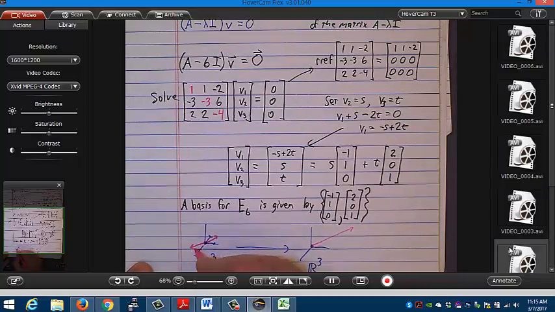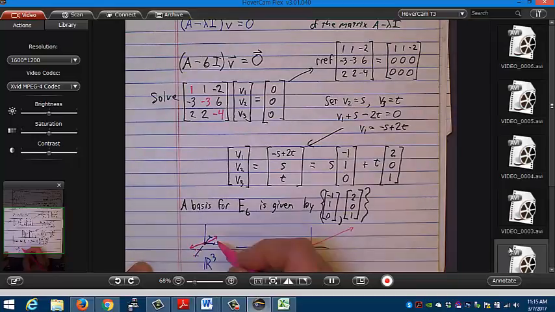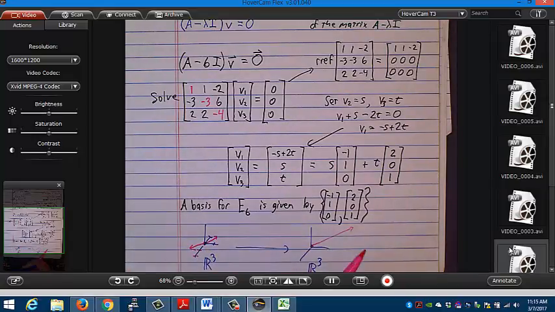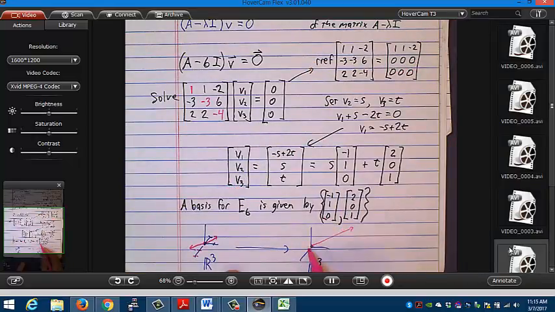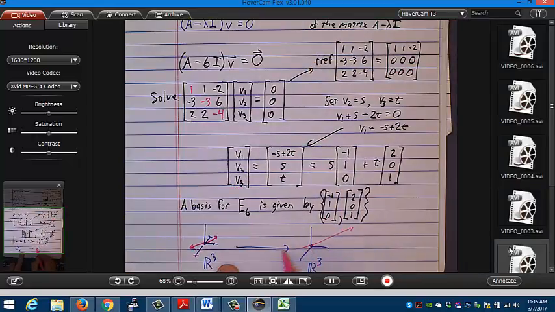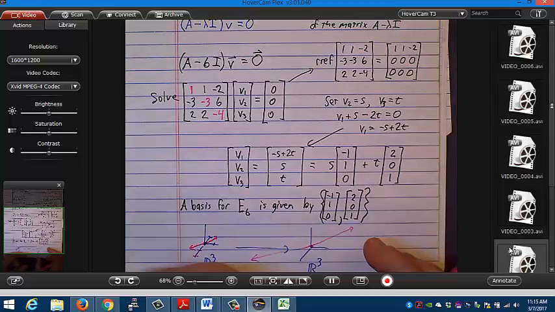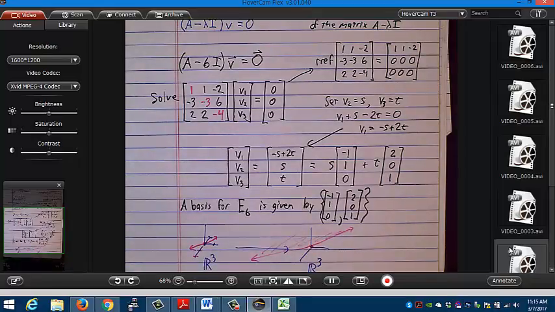Now those two pink vectors, it's hard for me to draw, but would you agree that two vectors define a plane? And so those vectors get stretched out. So in R3, there's some plane of vectors that gets fixed. That's called the eigenspace. That make sense?